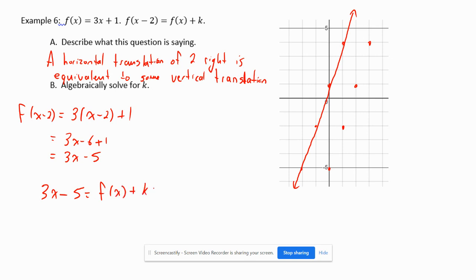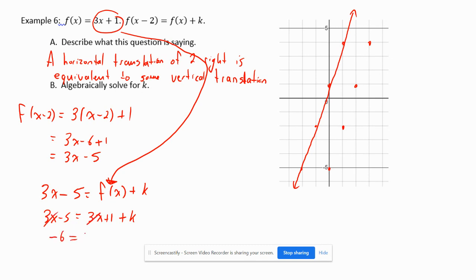So we need to figure out what this k value is here. So what we're going to do is we're going to take our f of x value, which is 3x plus 1, and make this substitution in here. So we get 3x minus 5 equals 3x plus 1 plus k. Now I'm just going to subtract 3x from both sides, subtract 1 from both sides. 3x's cancel out, minus 1, and we get negative 6 equals k, which is what we saw graphically.